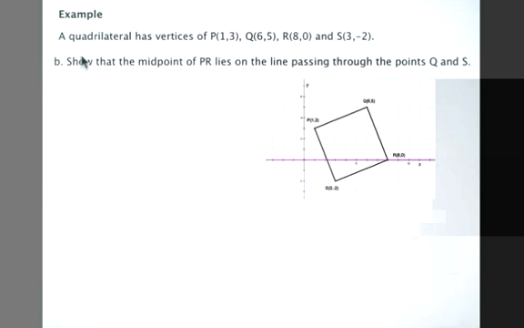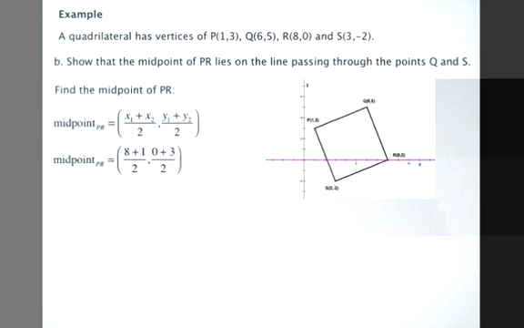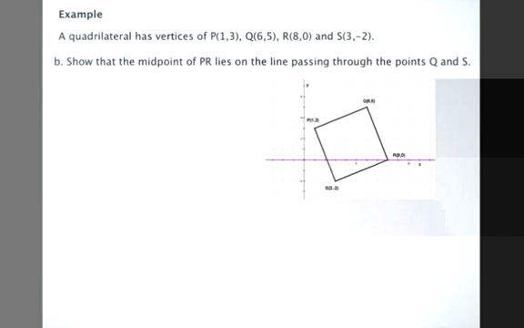So now we need to show that the midpoint of PR, that's this diagonal, lies on the line passing through the points Q and S. So to find the midpoint of PR, we use our formula, and we get 8 plus 1 and 0 plus 3. So 9 over 2 and 3 over 2 for our midpoint.